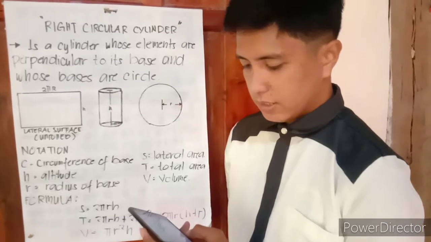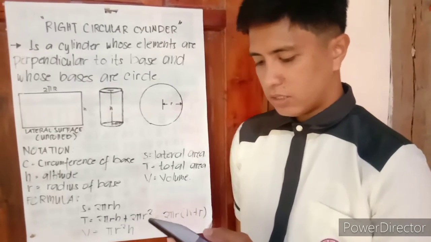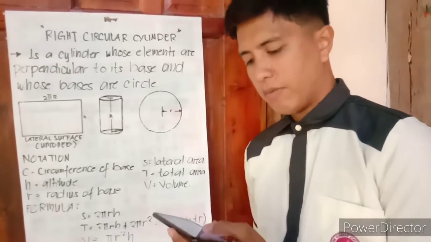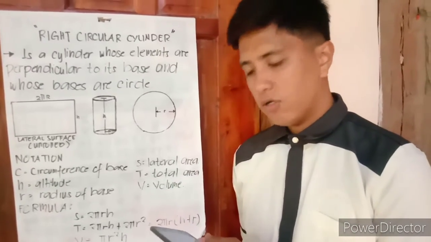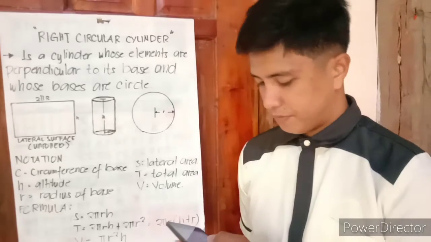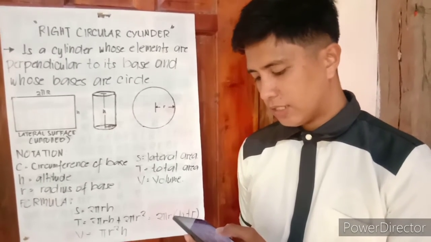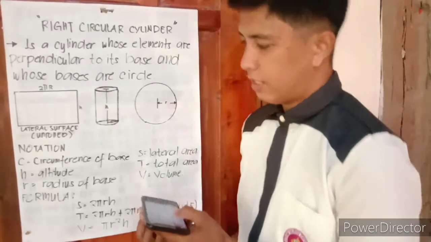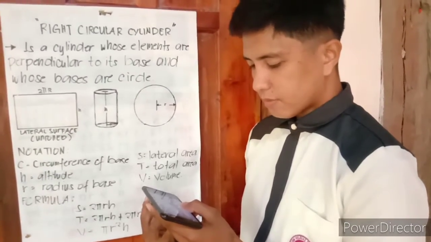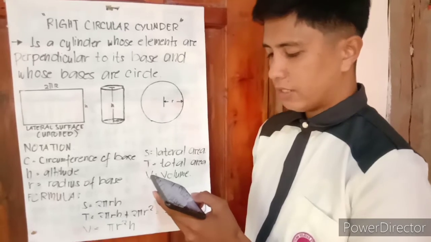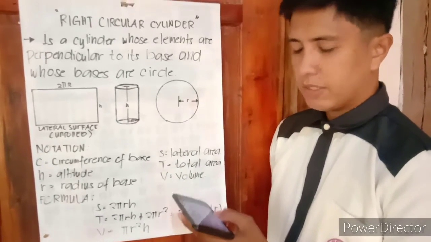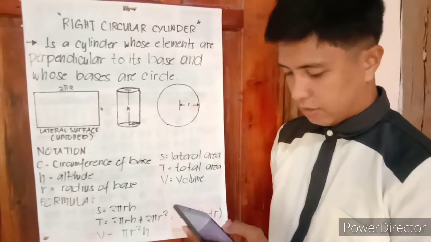Three: the center of any section of a right circular cylinder parallel to the base is on the axis. Any element of a right circular cylinder is equal to its altitude, or height. Every section of a right circular cylinder made by a plane containing an element is a rectangle.